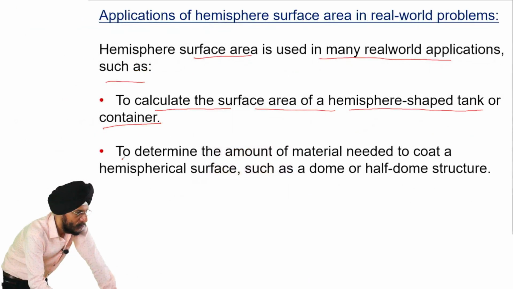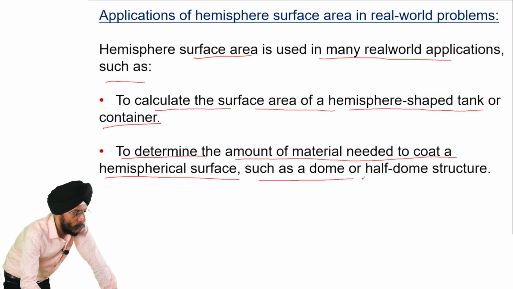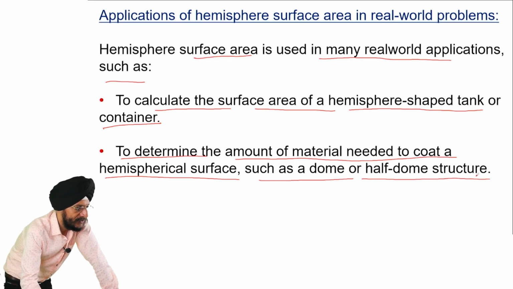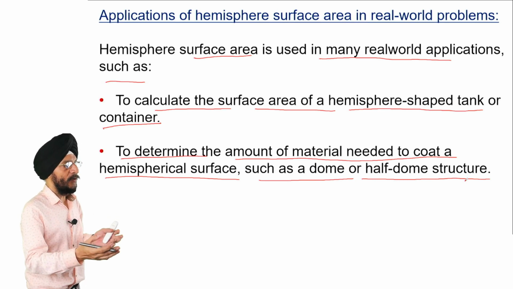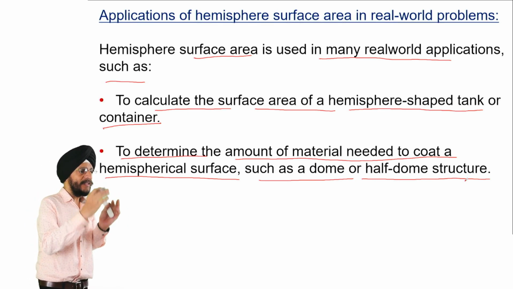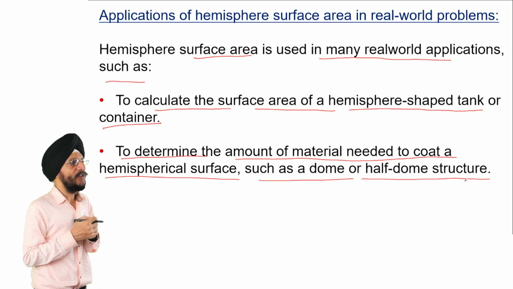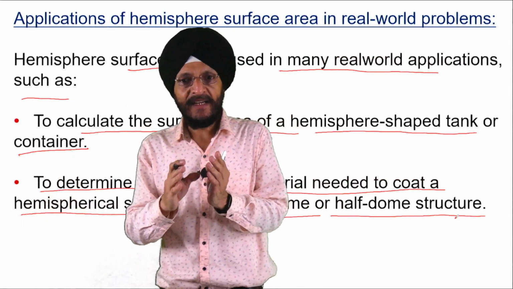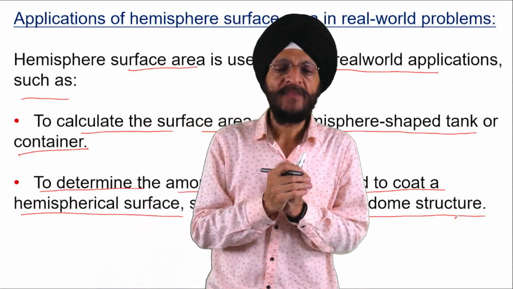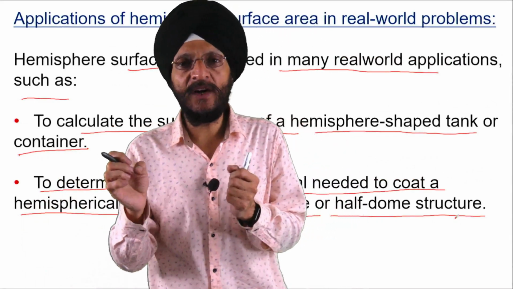Next is to determine the amount of material needed to coat a hemispherical surface such as a dome or a dome shaped structure. We will later on discuss the numerical examples where we will actually use these formulas to arrive at the curved surface area and total surface area of hemisphere.